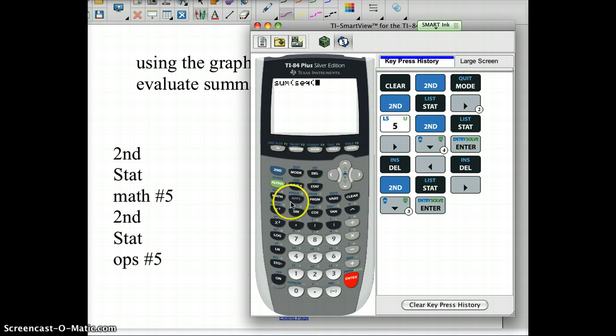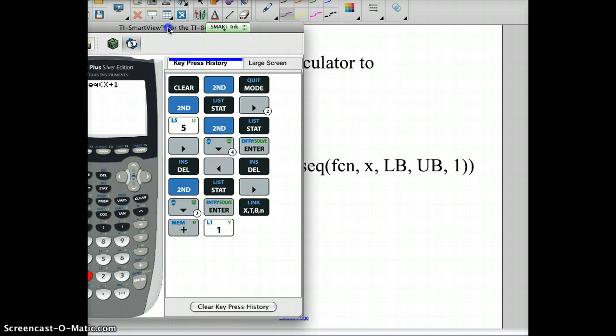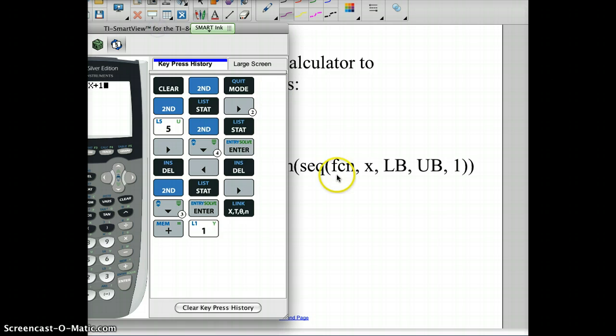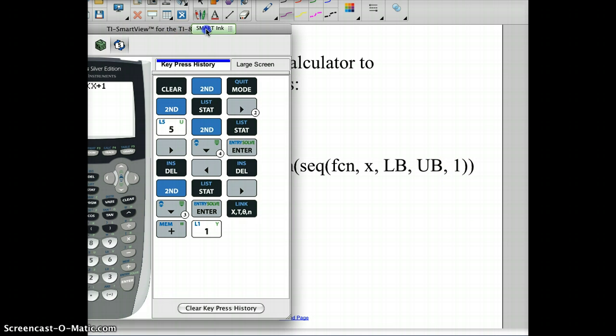Then you put in your formula. Now, you could use i, but you might as well use X. So let's do the summation of i plus 1 like we had in the previous example. So we'll do X plus 1. And then you're going to use, so that's where the function goes here. And then we're going to type in the X, and then our lower bound and our upper bound, and then what we want to count by.